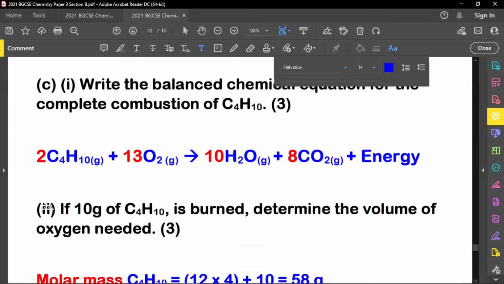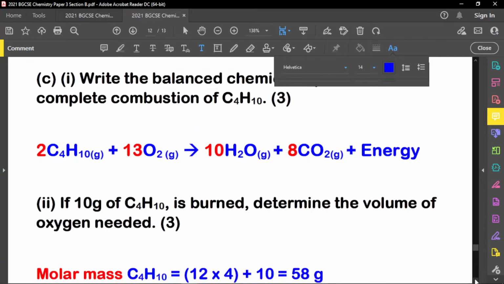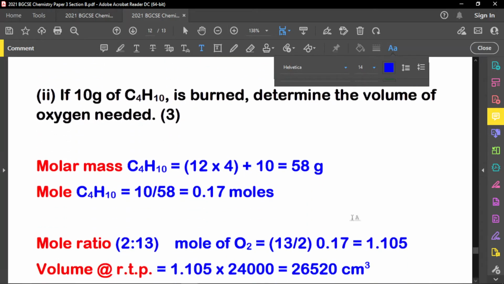And so he said that in part 2 now, if 10 grams of C4H10 is burnt, determine the volume of oxygen needed. And so the way to work this out, we're using 10 grams of C4H10, which is butane. First, let's find the molar mass. We find the molar mass of butane, which is 12 times 4 for carbon, plus 1 times 10 for hydrogen.